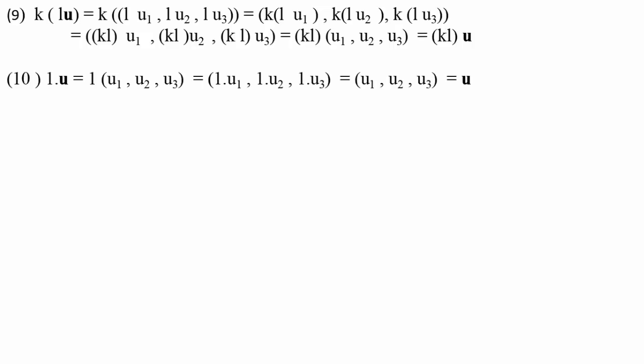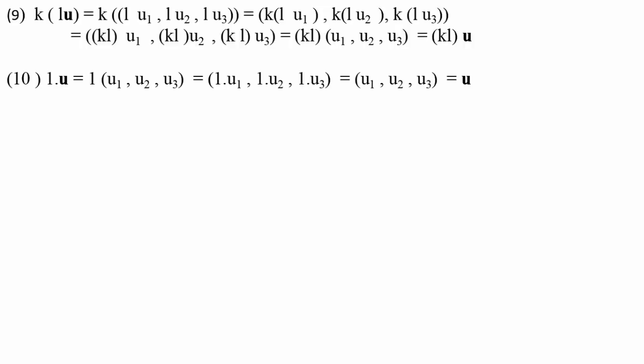Axiom 10. We know that 1 belongs to R. Therefore, take a scalar number 1. 1 into u equals 1 into (u1, u2, u3). By the definition of scalar multiplication, it is defined as (1 into u1, 1 into u2, 1 into u3). u1, u2, u3 are all real numbers, and 1 is also a real number, and in the set of real numbers, 1 is the multiplicative identity.